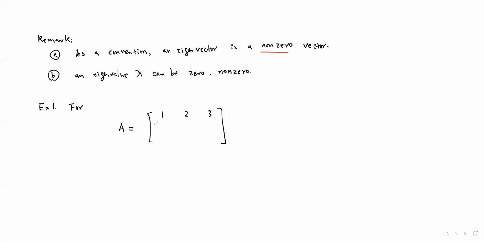Then the second row, 2, 1, 3. The row sum is also 6. Then 0.5, negative 1.5, 7. The third row sum is also 6 for this matrix.